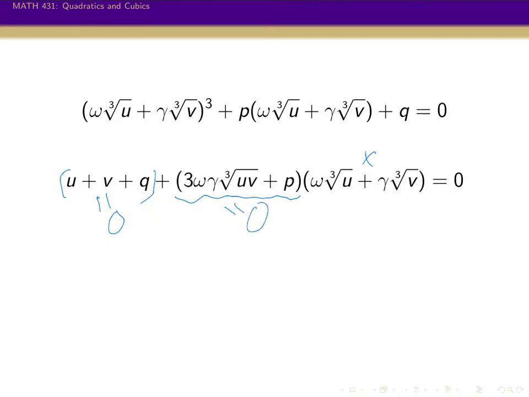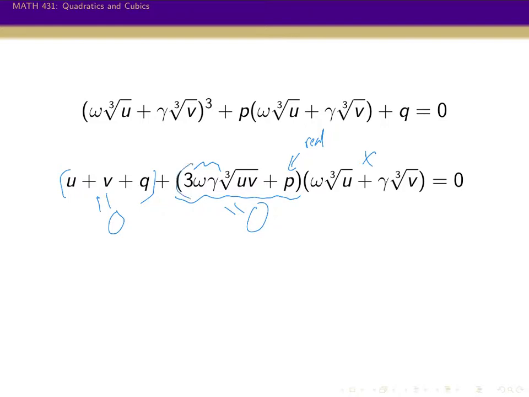Now looking at this, p is a real number, because it's the p that we started off with. However, omega is definitely not real. It is a complex number, not a real number. But when we take these two terms together, they have to add up to 0, which is also a real number.